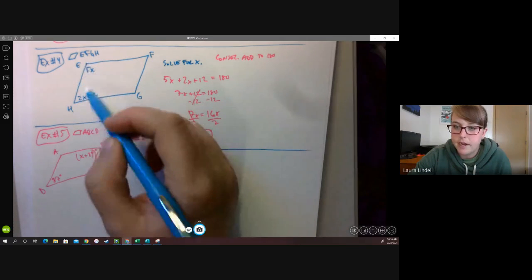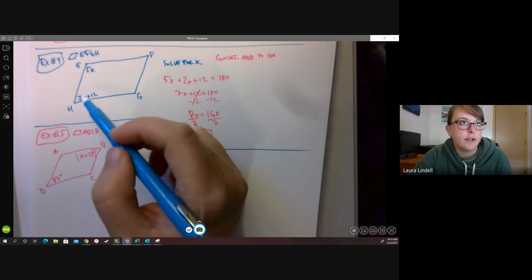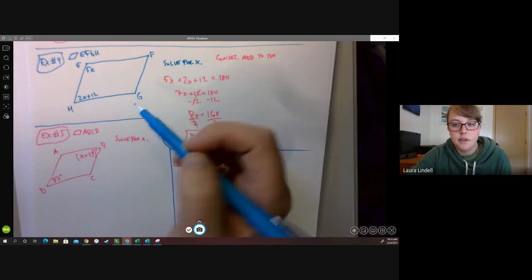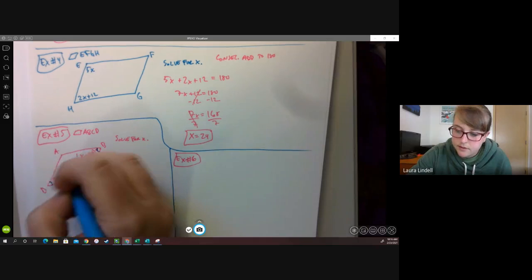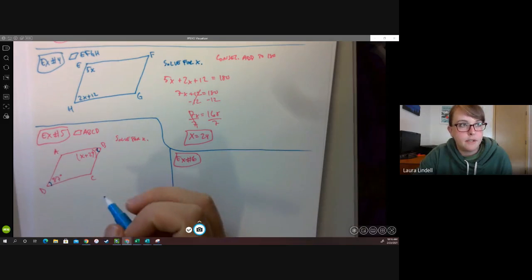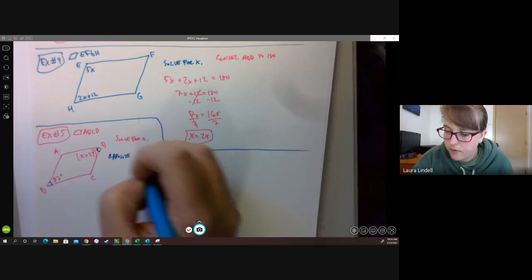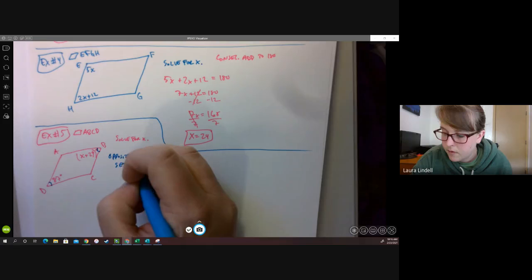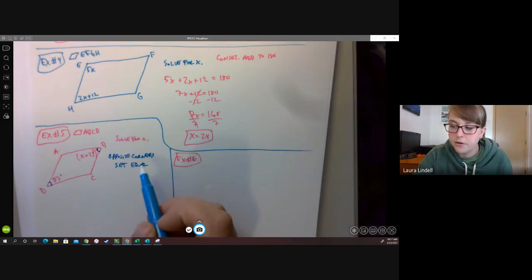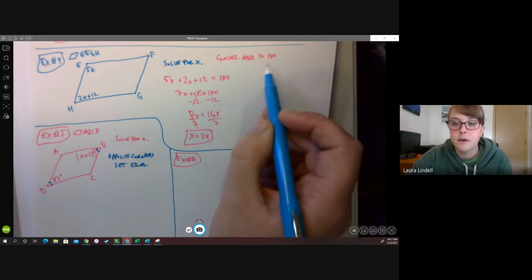This is the case where we added to 180 because they were consecutive interior angles. They were next to each other in line, not in opposite corners. In this case, they are in opposite corners. So since they're in opposite corners, we're going to set them equal. So kind of our two different ones here, opposite corners, set them equal. Consecutive corners, add to 180.